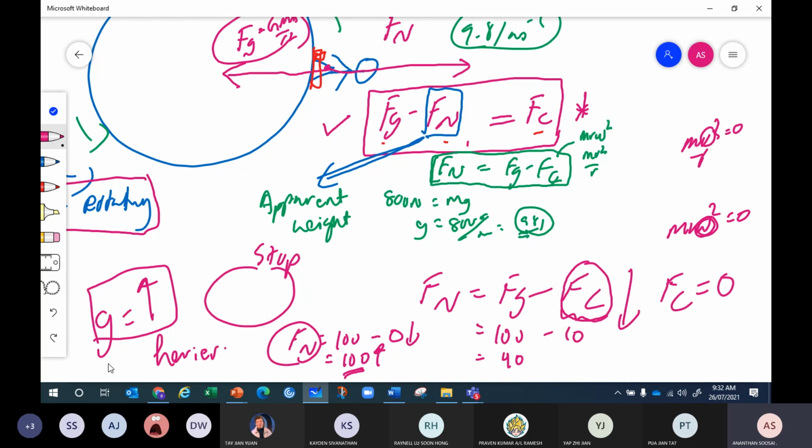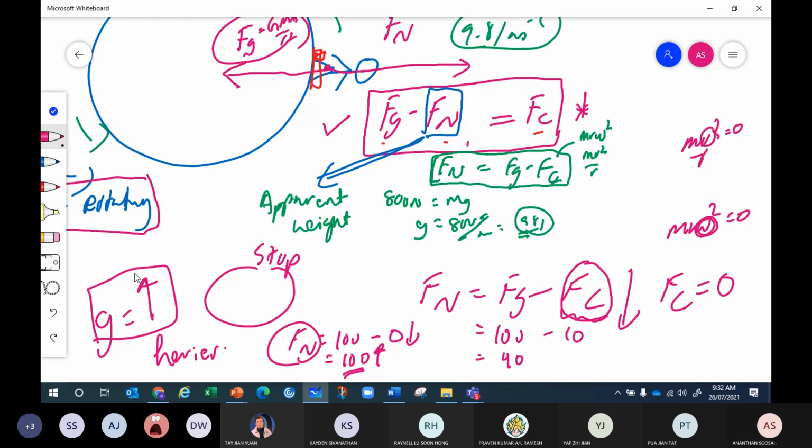The rotational effect affects the normal force. The normal force, which is the apparent weight, affects the apparent gravity, the gravity we feel. So gravity is affected by rotation. If the Earth stops rotating, the apparent gravity will increase. We feel heavier.